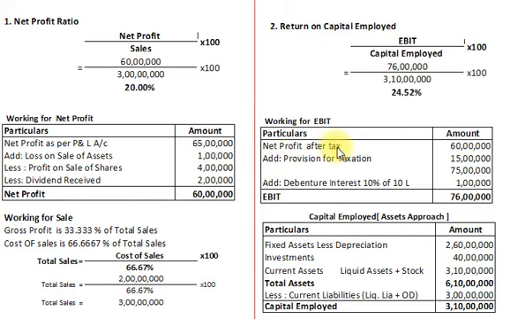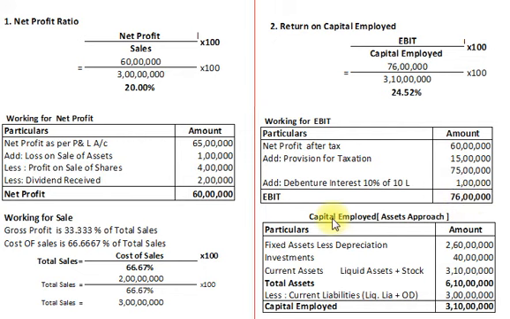To this net profit after tax, we will add provision for taxation, which is readily available in this sum, rupees 15 lakh. And further we will add debenture interest at 10% on rupees 10 lakh, so it is rupees 1 lakh. So finally we will get EBIT of rupees 76 lakhs.